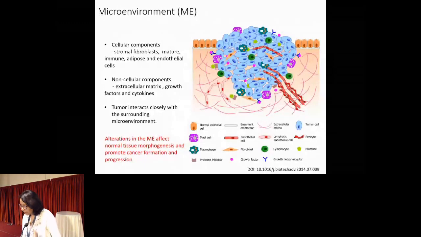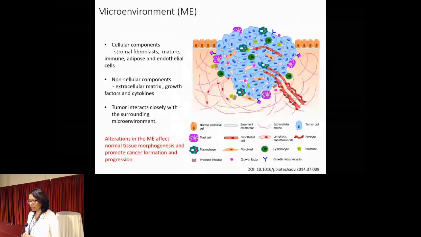Thank you so much. They reside in a specific tumor microenvironment composed of two components: cellular components and non-cellular components. The cellular components usually comprise stromal fibroblasts, mature cells, immune cells, adipose and endothelial cells, whereas the non-cellular components are the extracellular matrix, growth factors, and cytokines.